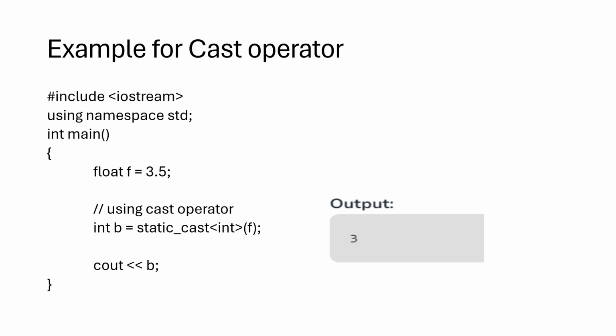Using the cast operator, integer b equal to static cast, the cast operator, with integer in angle brackets. We are converting this float to an integer, so the printed answer will be only the integer value 3, not the 0.5.